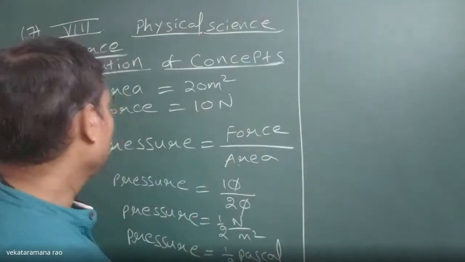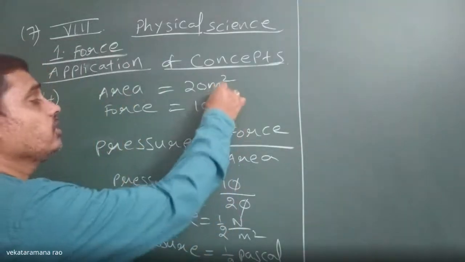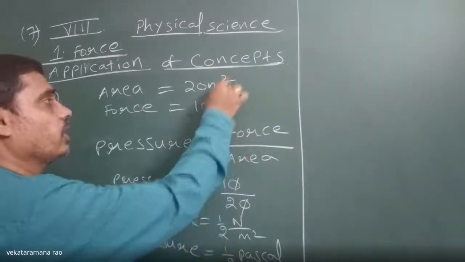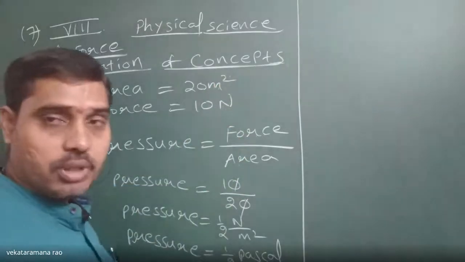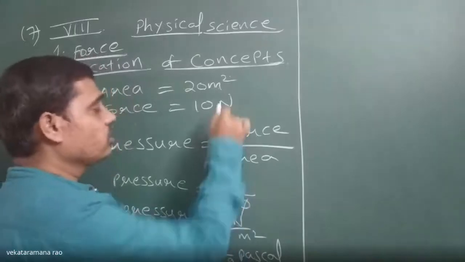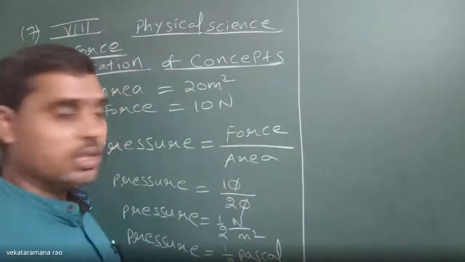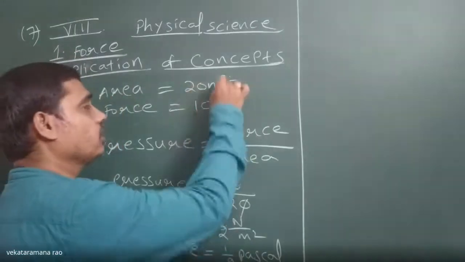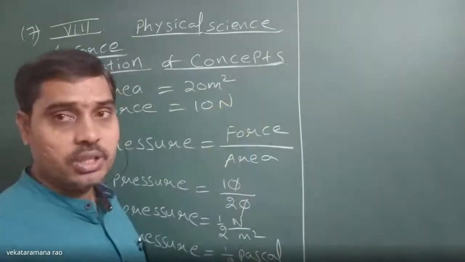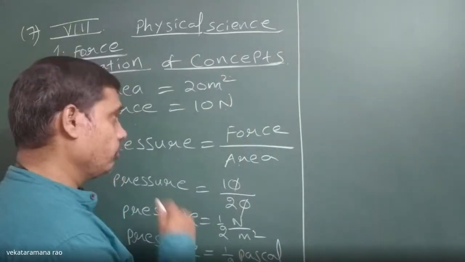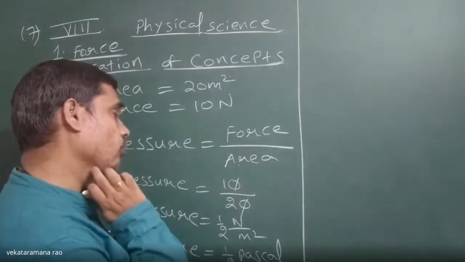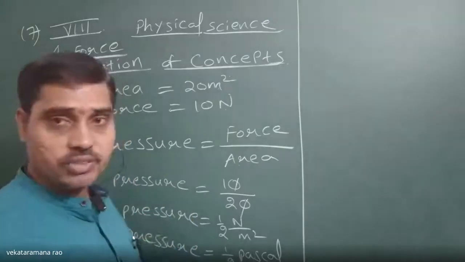Like that, we check whether these are in the same units or not. Meter square is in the MKS system, or SI system. Newton is also in the SI system. Since both the magnitudes are in the same system, we go for applying the pressure formula without any conversion.